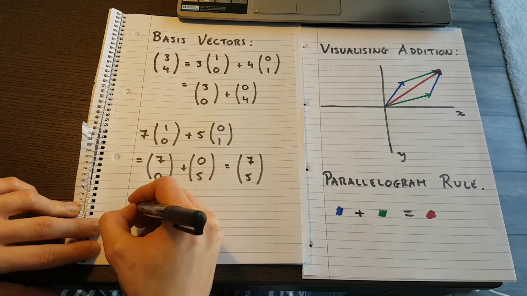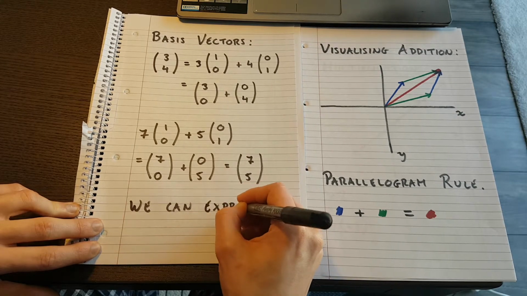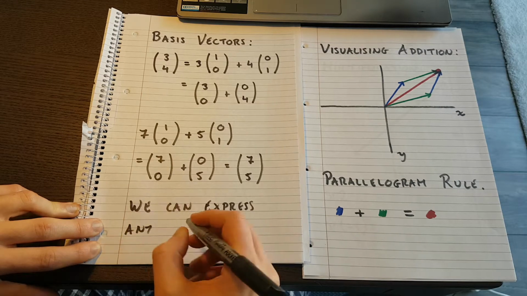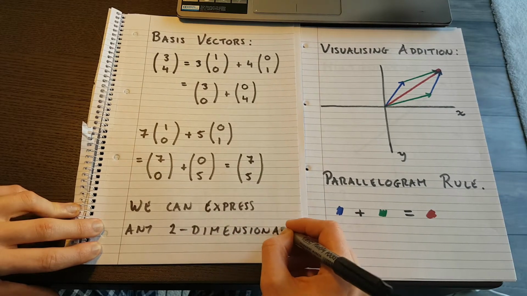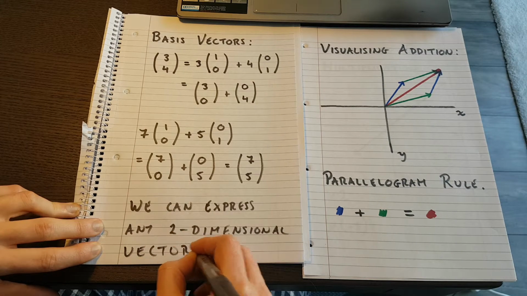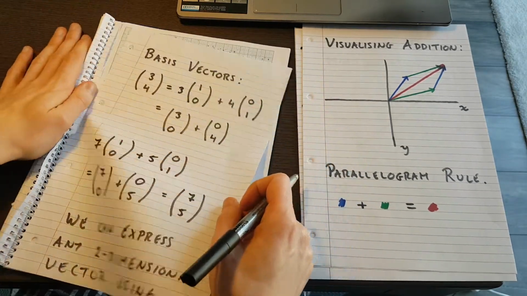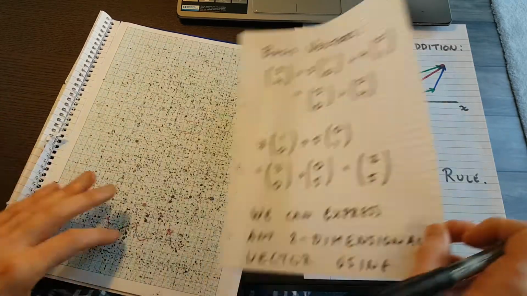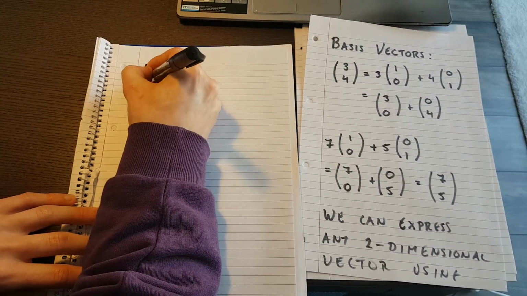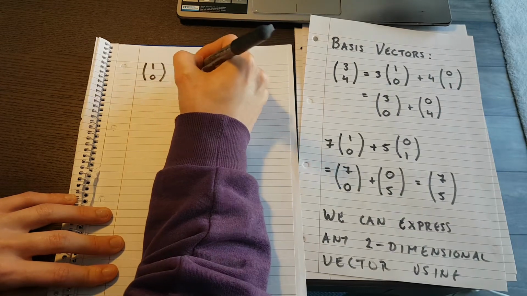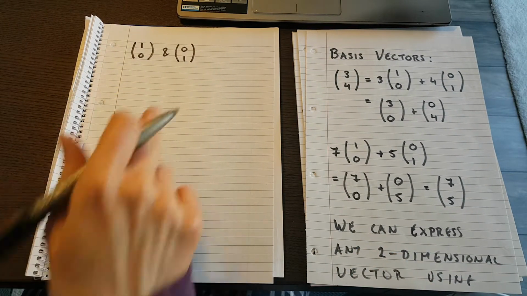So we can express any two-dimensional vector using these two vectors, 1, 0 and 0, 1.